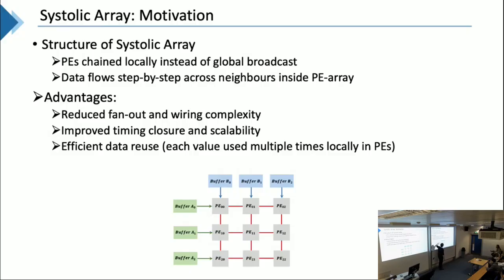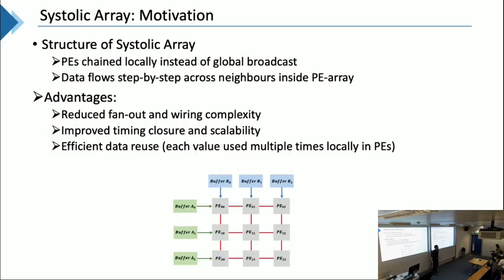The data from buffer A1 will only go into this PE00, and then the data that goes through PE00 will propagate to PE01. So you are not connecting your PE01 directly to buffer A0.